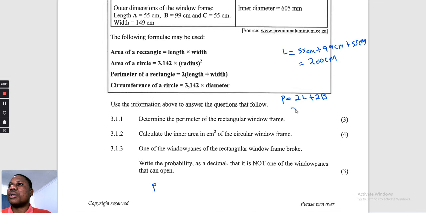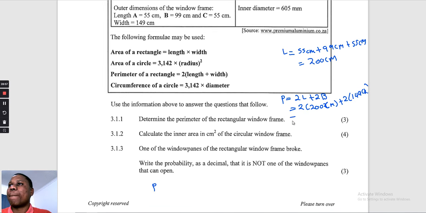So we're going to have 2 multiplied by 200 centimeters plus 2 multiplied by our width, which is 149 centimeters.